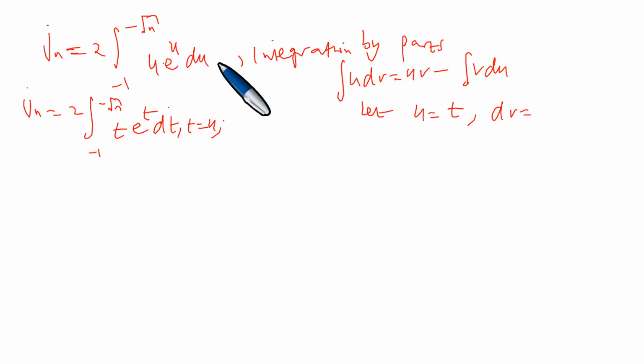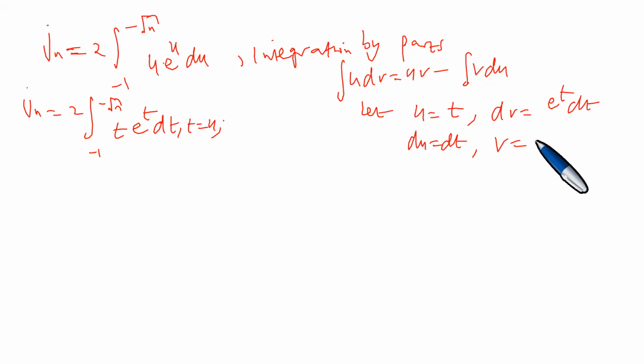I just changed every u to t so that we can use this without the u leading to confusion with the u in the integration by parts formula. So dv equals e to the t dt. What is du? It is dt.